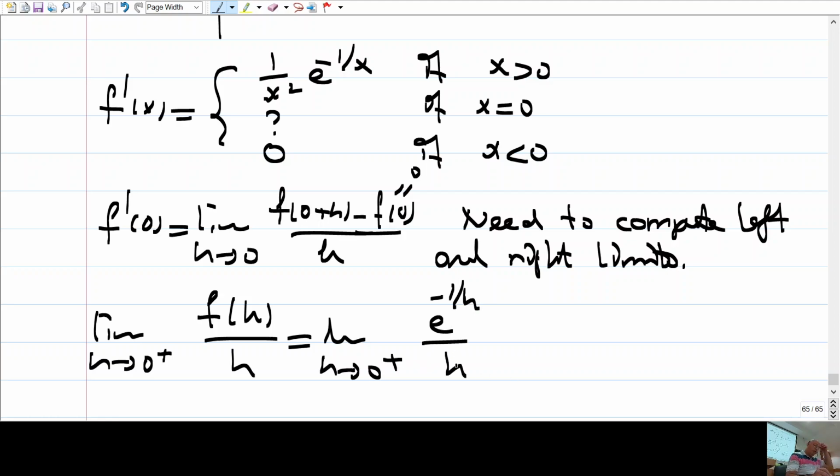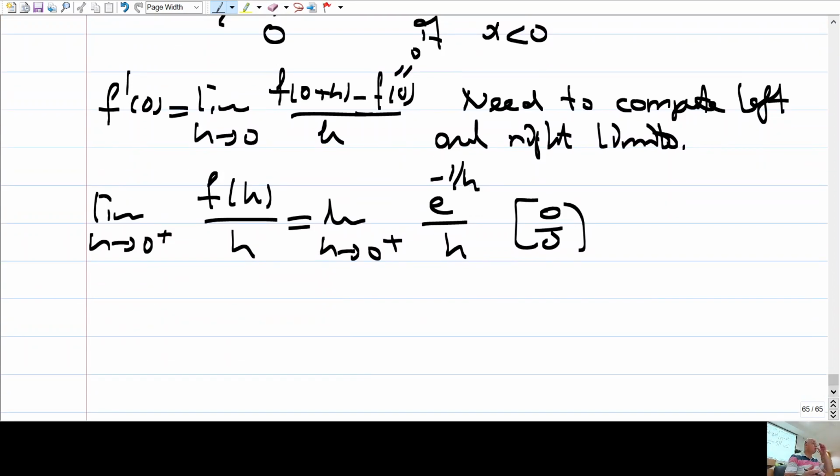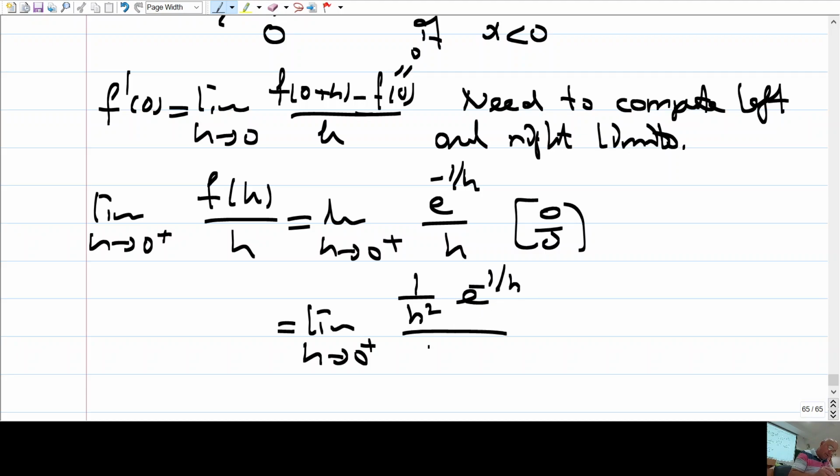Now this is a 0 over 0 case, because as h goes to 0, 1 over h goes to plus infinity, you have the minus sign, it will go to minus infinity, e to the power minus infinity goes to 0. So we use L'Hopital's rule. The derivative of the numerator is 1 over h squared, and then I have this divided by 1.